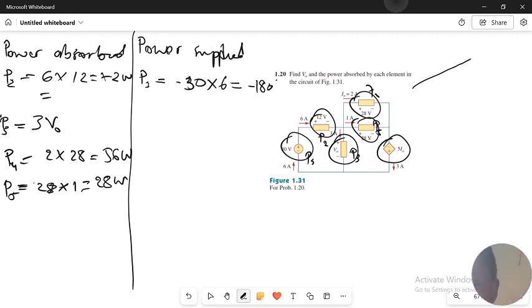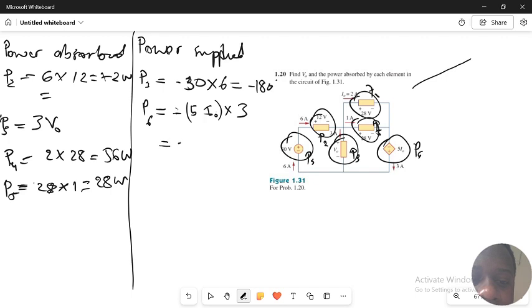Now let me verify this one. The current is leaving the positive. When current is leaving the positive, it's supply. I'll have P6 here equal to minus, since it's a supply, the voltage, which is 5E0, multiplied by the current 3.